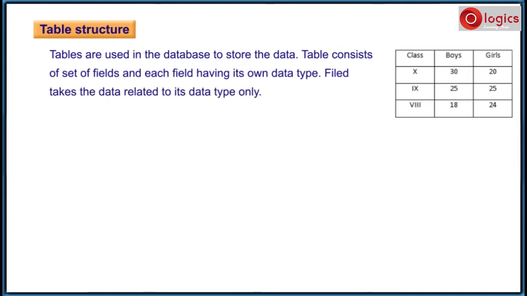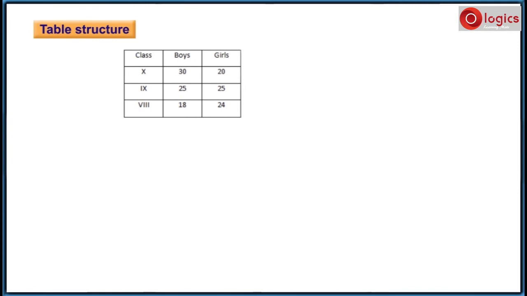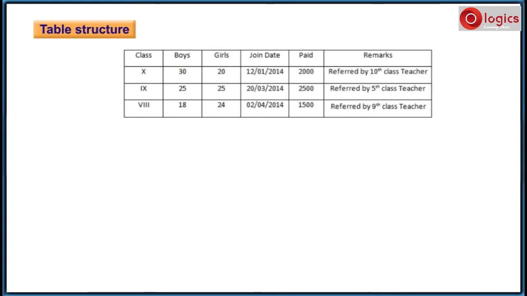And the data type depends on the data that you are going to store in that field. This is my database table. Here I am extending my table by adding some fields. You can see data added to the fields as per the data type of it. Now let us see data types one by one.